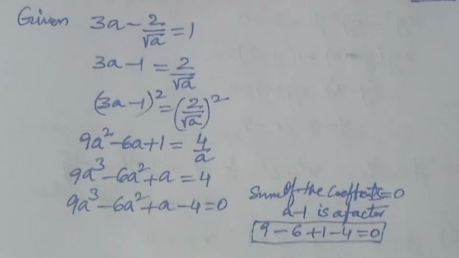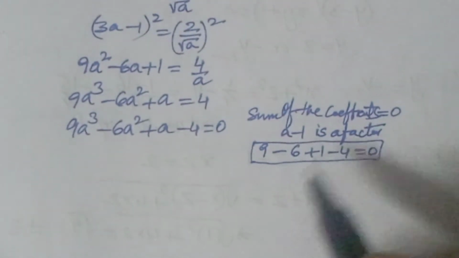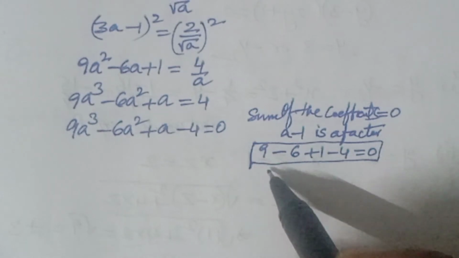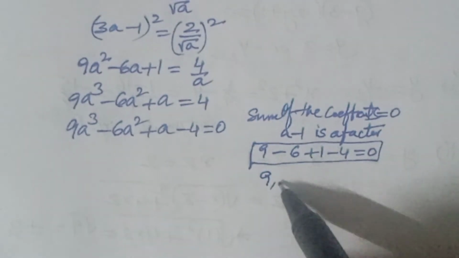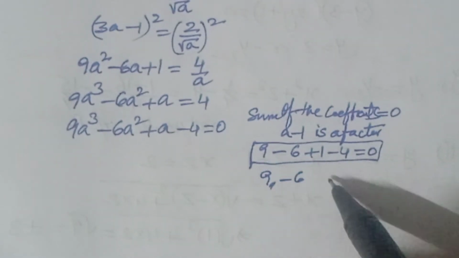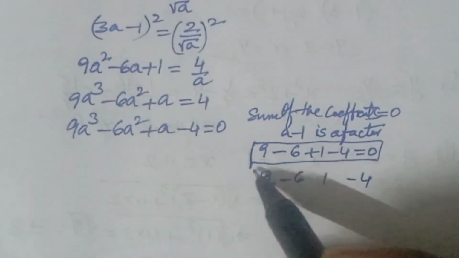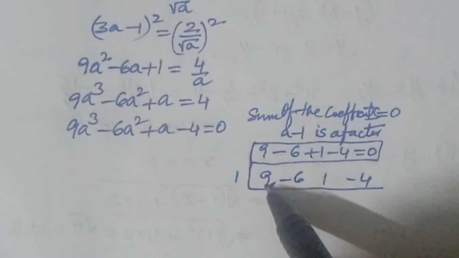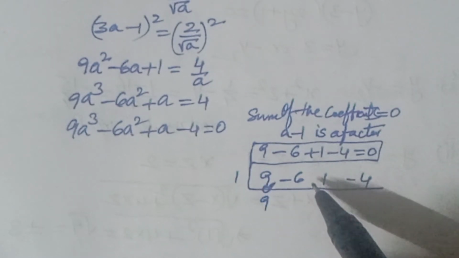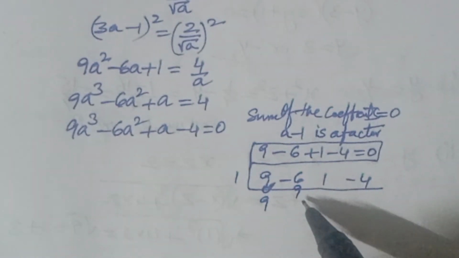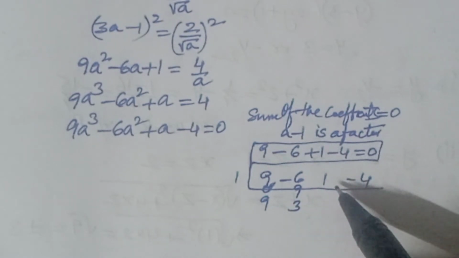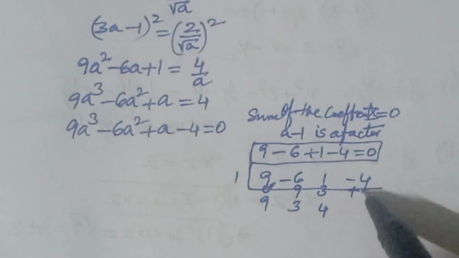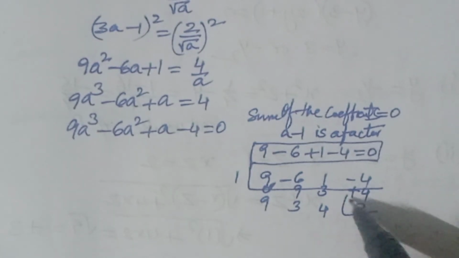So by Horner's method, here you can divide this. So here 9, minus 6, 1, minus 4. So here a minus 1 is a factor. So 0, 9, here 9, 3, here 3, here you will get 4, here plus 4, you will get 0.